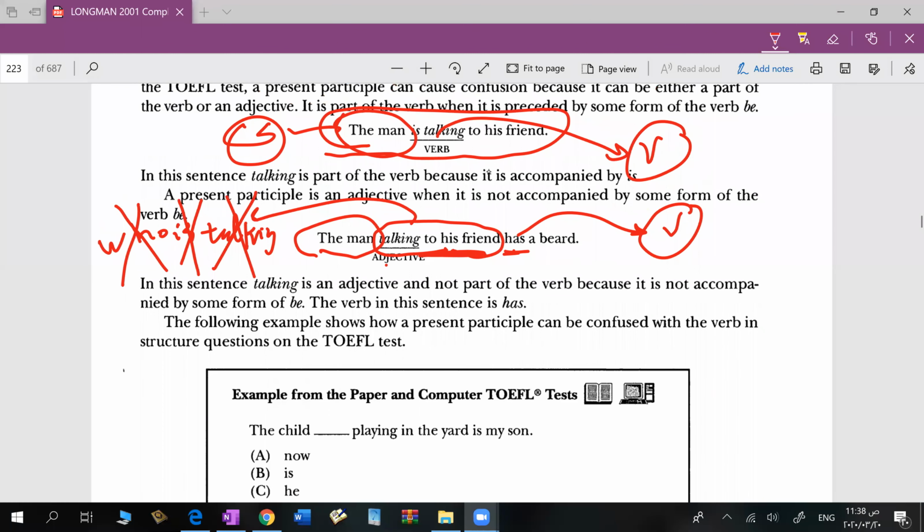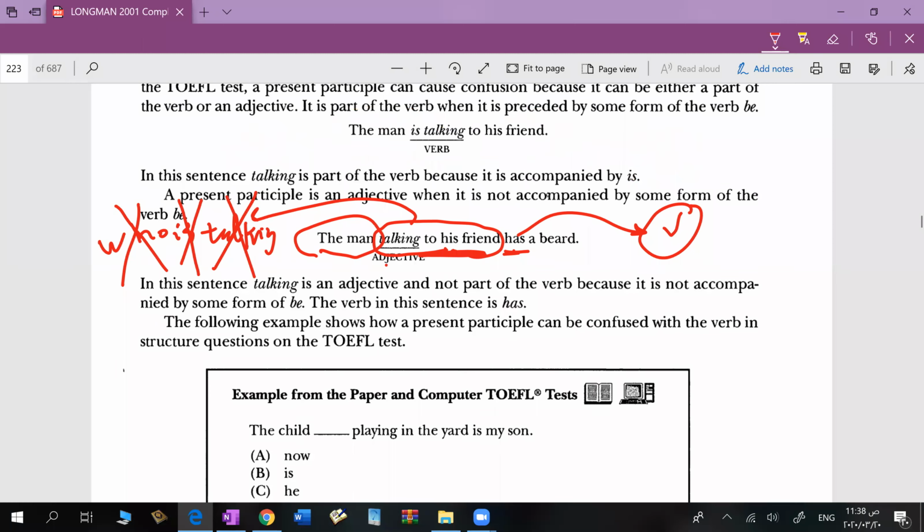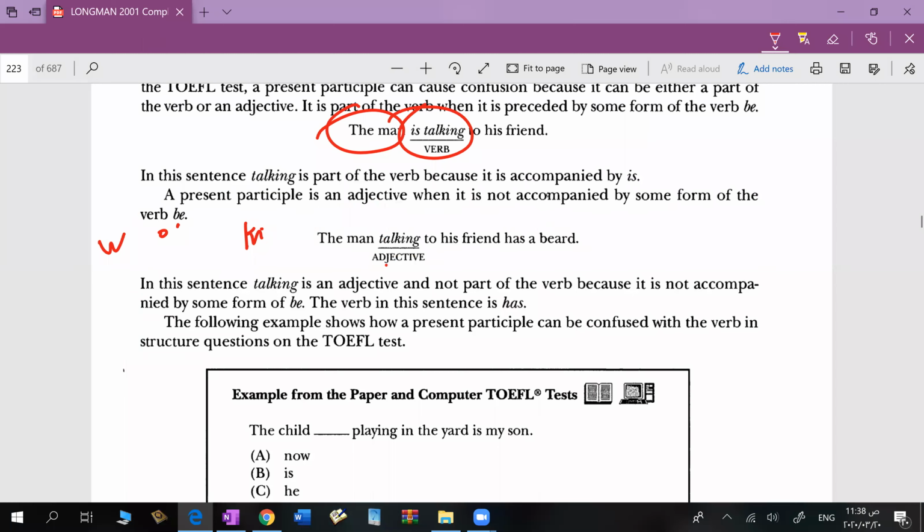So we said every sentence must have a subject and a verb. So in this case, the man is talking to his friend. This is a complete sentence, okay? A subject and a verb, okay? This is the subject and this is the verb. But we can have sometimes something called present participle, and the present participle is the gerund. It means the verb with ing.